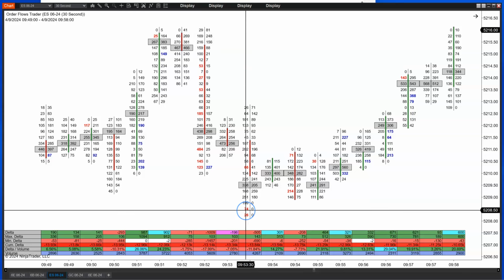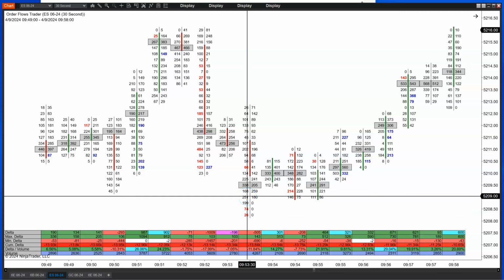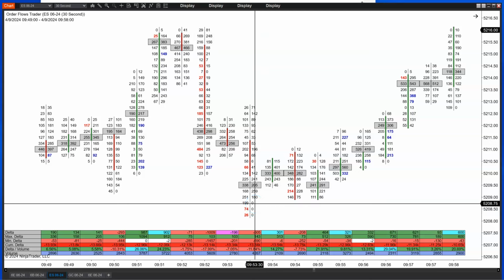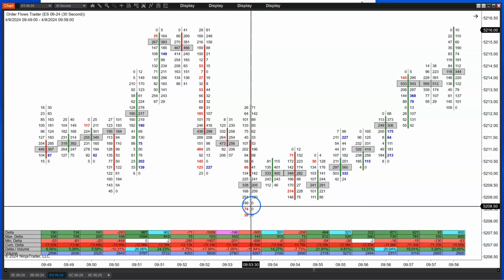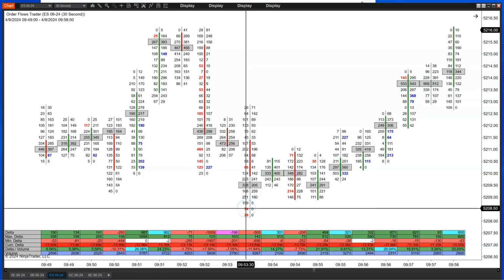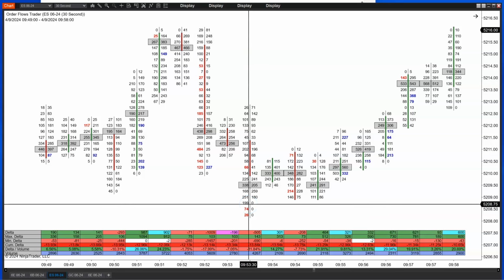So passive buyers bought down here. That's the difference between aggressive buying and passive buying, right? If there was aggressive buying taking place, you would see volume here on the offer at 8.5, volume on the offer at 8.75, but there wasn't. You just had passive buying taking place from aggressive sellers.